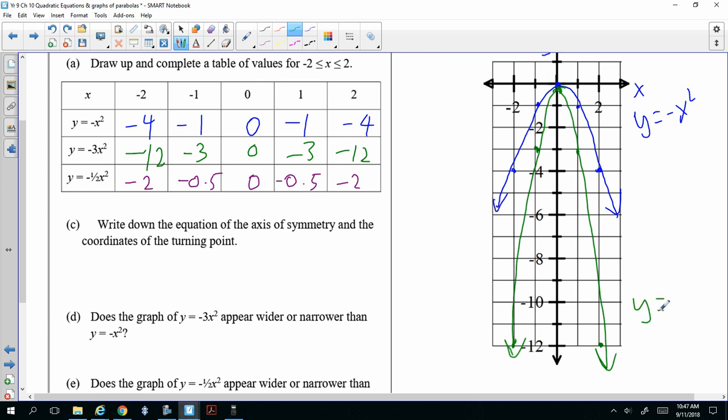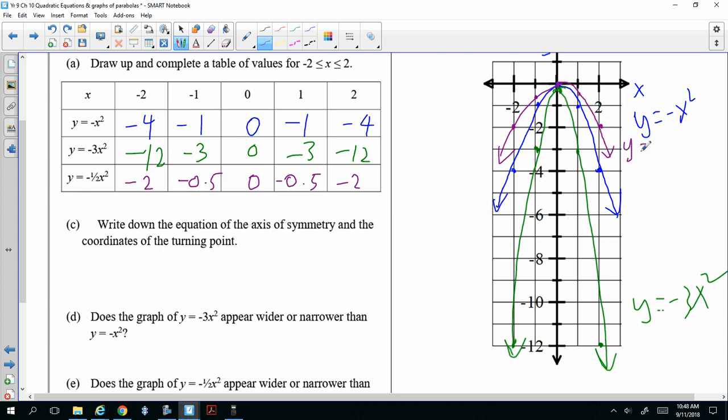And then we got this one, negative 2, negative half. Oops, didn't work out. Okay, this is y equal to negative half x squared.